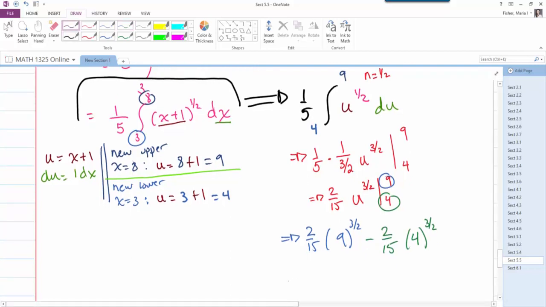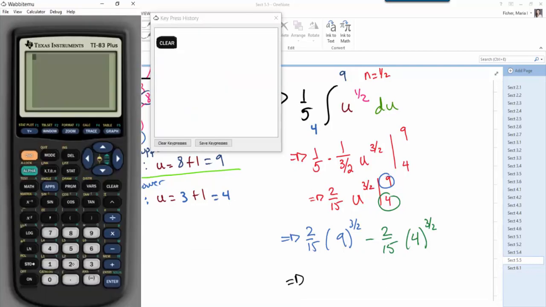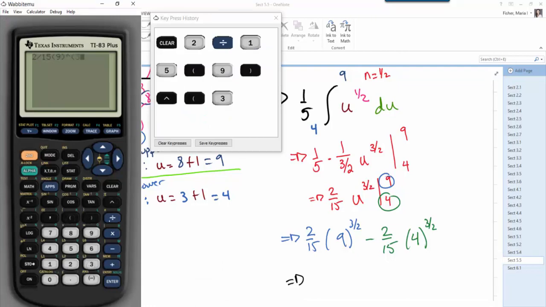So in a calculator, if I'm trying to determine what that is, I'm going to get 2/15 times 9 raised to the 3/2 minus 2/15 times 4 raised to the 3/2.